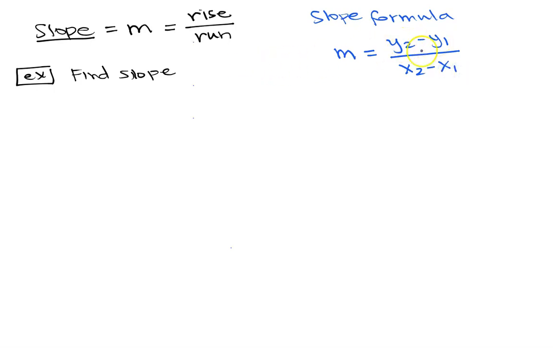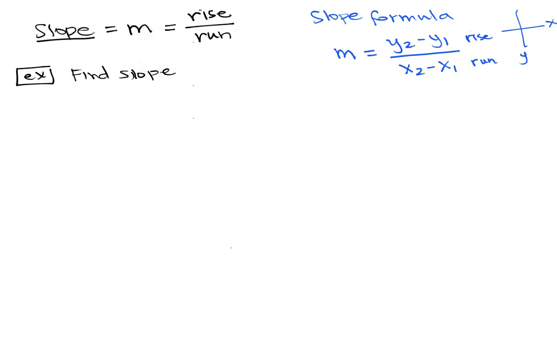Because remember on our graph, these are our y's, these are our x's. The y's are what is going up or down. That's our rise. And our x's are what's going left to right. So that's our run. So it's really important to remember that it's your y's that are on the top in that slope formula.